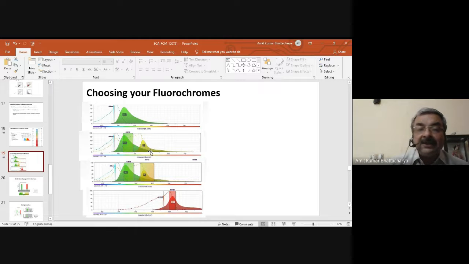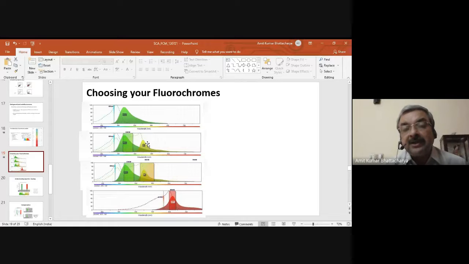So what will happen is, in my detector for this, I will detect light coming from this dye, and also light coming from this dye. Now this can pose a problem. I would like to collect only light from this.